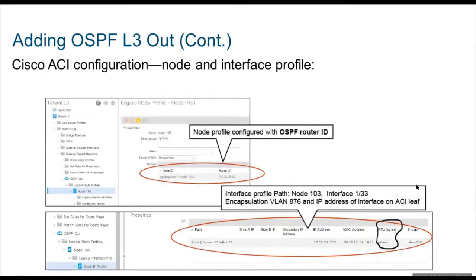Something else, VLAN, in encapsulation VLAN. Make sure this VLAN has been assigned for use on this routing domain.